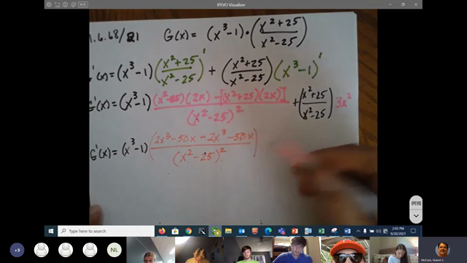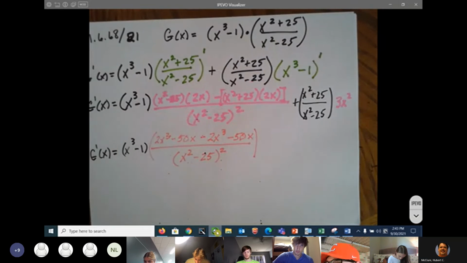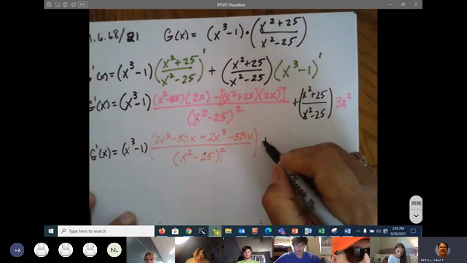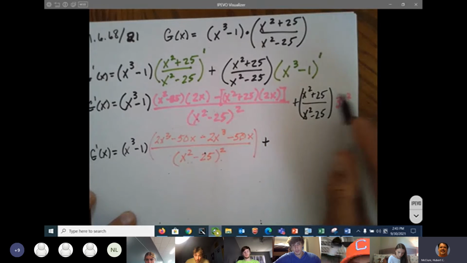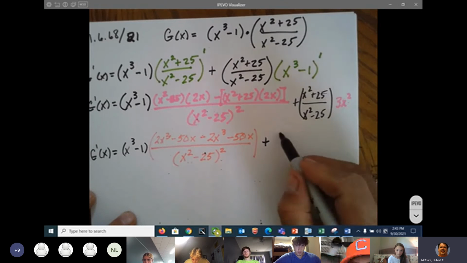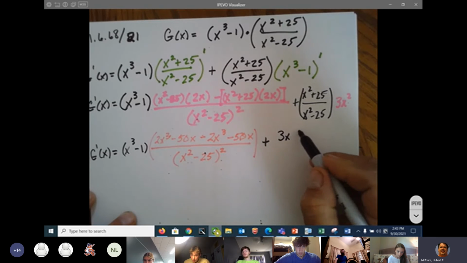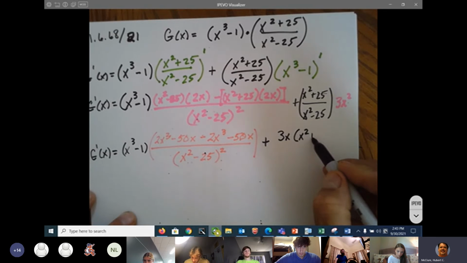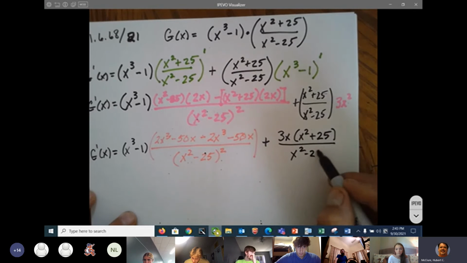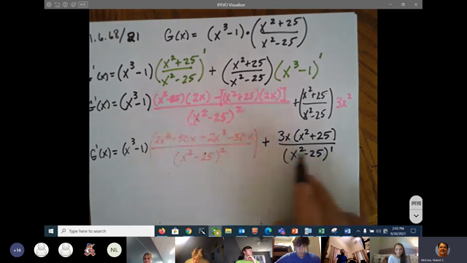And plus, and I'm just going to take that 3x and I'm just going to put it with that numerator. So I'm just going to do 3x times x squared plus 25 over x squared minus 25, because that's to the first power and this to the second power.